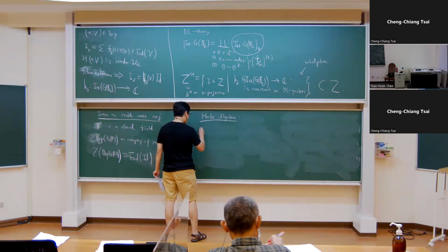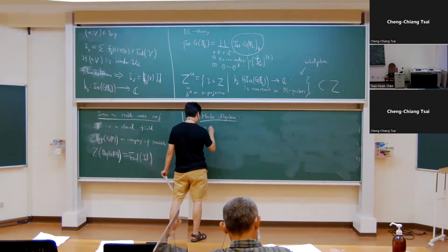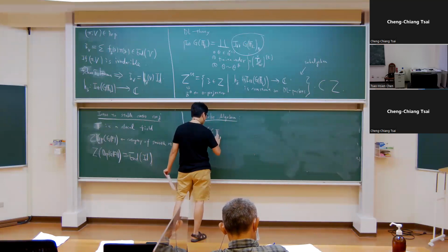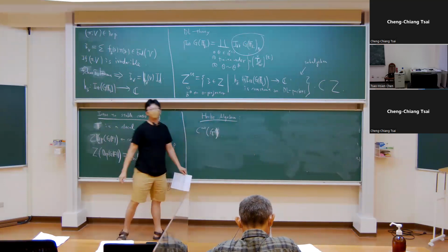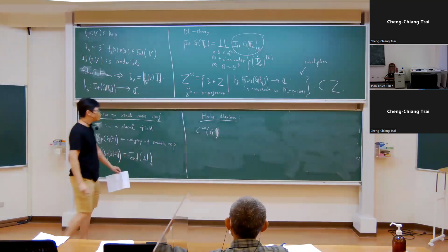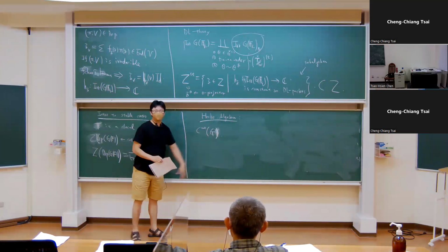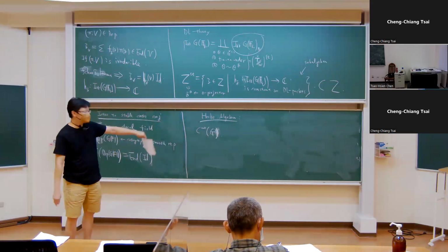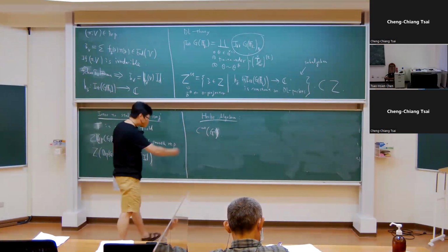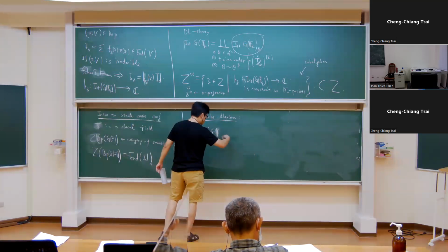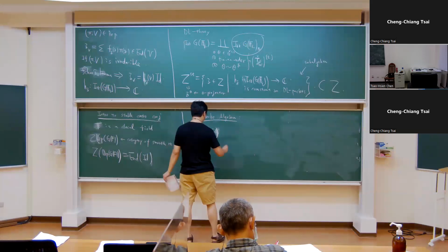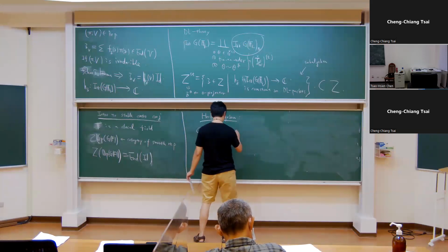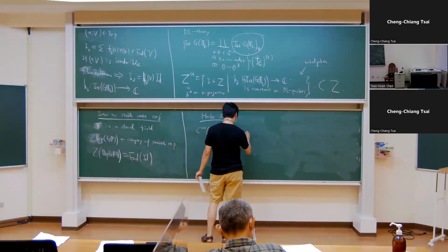You can talk about smooth functions on G, let me now just write G, G will be G(F). You can consider smooth functions on this. Smooth here means locally constant, so it's constant near each point, with respect to the topology on p-adic groups. And then you also have smooth functions with compact support on G.